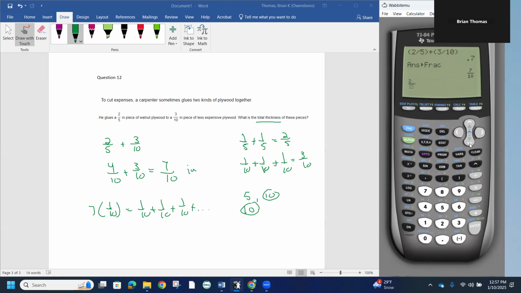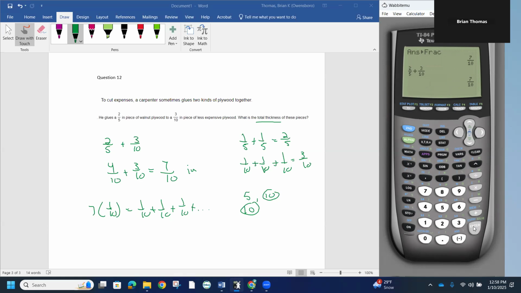So I put the 2 there, use my directional pad, 5, use my directional pad, add, and then if I hit that alpha button again, hit the Y equals, I can actually put a fraction model into the calculator. So 3/10, 3 down arrow 10, and come out. Then if I hit enter, it should keep it in a fraction form, and it should just give me the 7/10. So technically, you can add fractions on a calculator as well.